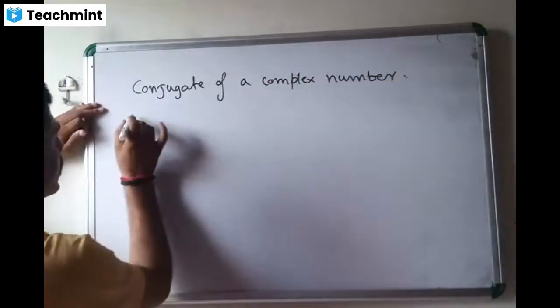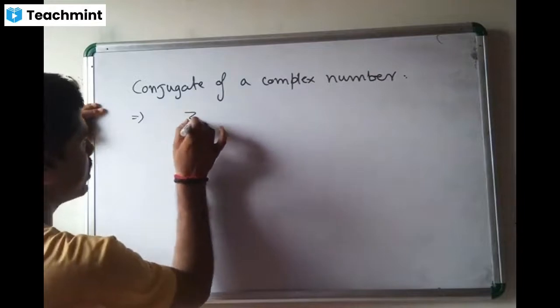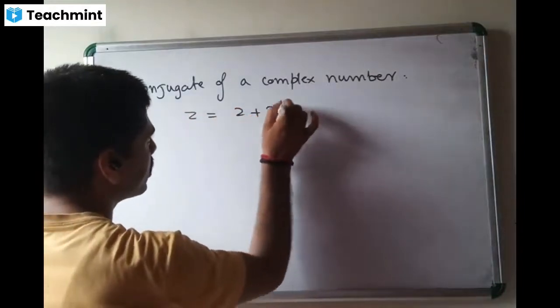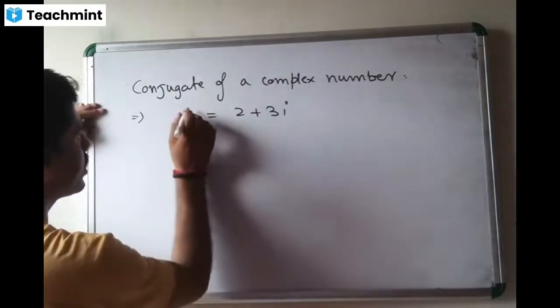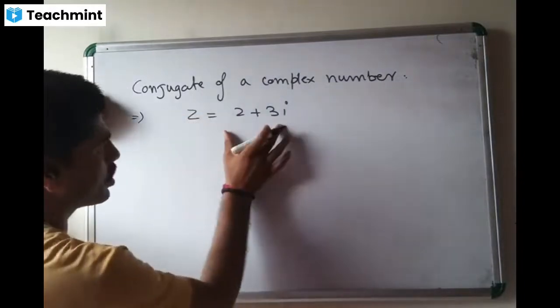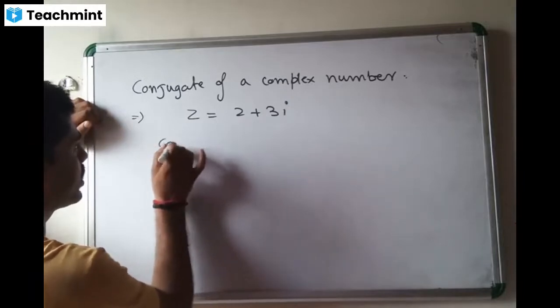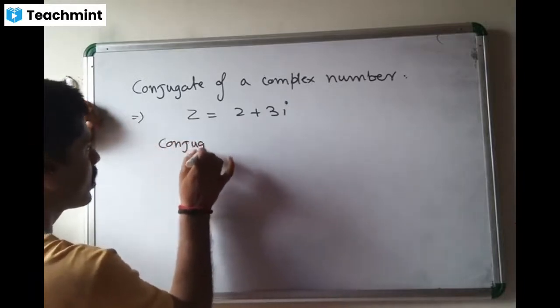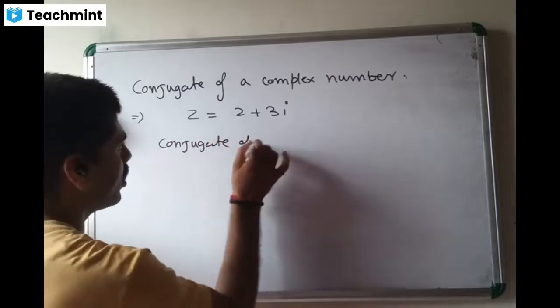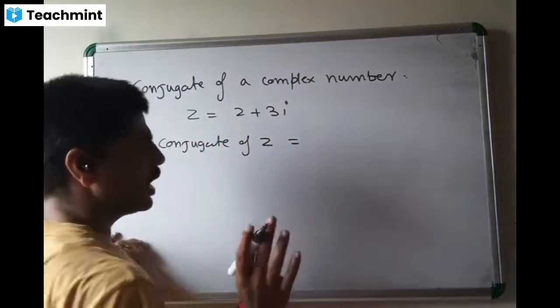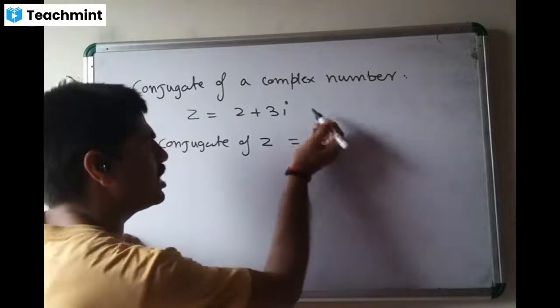Now see, suppose that you have a complex number z equal to 2 plus 3i. Find its conjugate. The conjugate of z is obtained by replacing i with minus i.